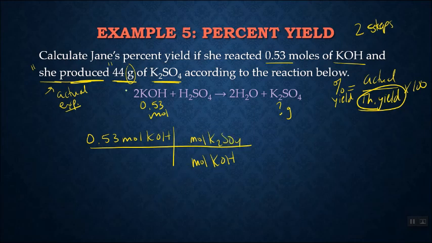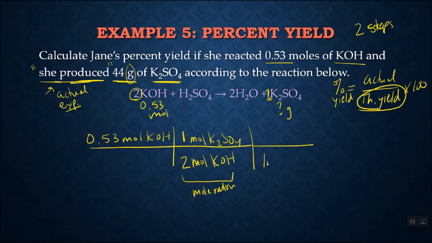Now, looking at our balanced reaction, we have 1 mole of potassium sulfate to 2 moles of potassium hydroxide. Now that we've switched over with our mole ratio step to the potassium sulfate, we can change it over into the grams of potassium sulfate.